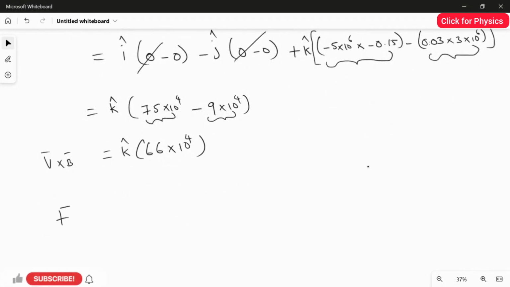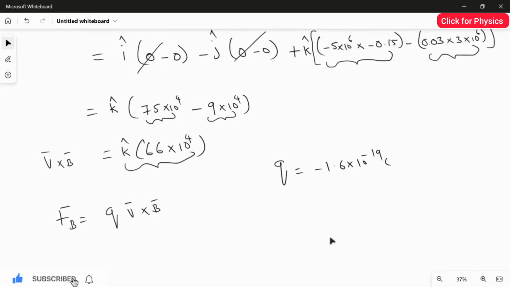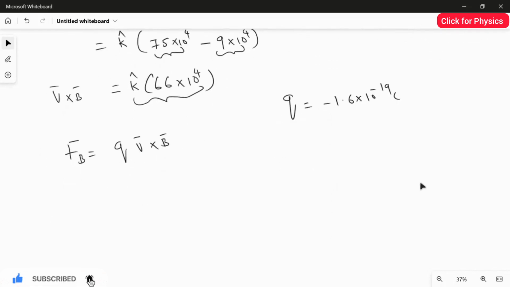Now we have to come for the final answer. So FB which is equal to Q V cross B. So V cross B already we got the answer as 66 multiply 10 power 4 K cap. But this is for electron. So this time I have to multiply the charge as minus 1.6 multiply 10 power minus 19 coulomb here. So let's see what is the answer.